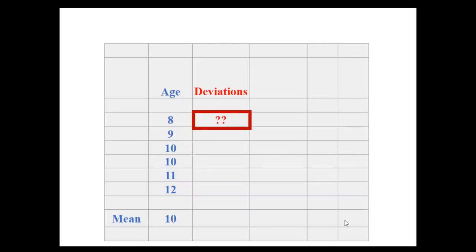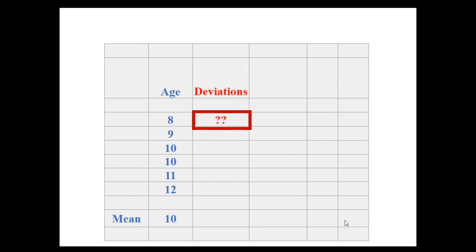Now we need to calculate the deviations. First we'll calculate the deviation for 8. Now let's ask ourselves, will the deviation be positive or negative? Okay, you got that? Okay, here's the correct answer.